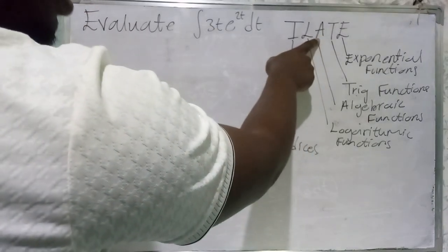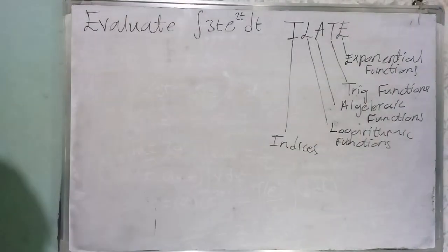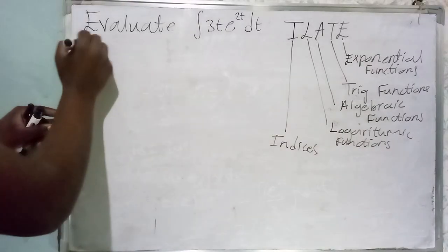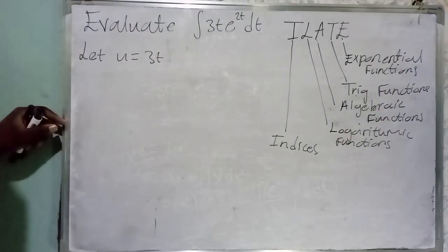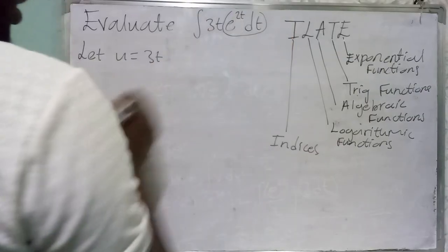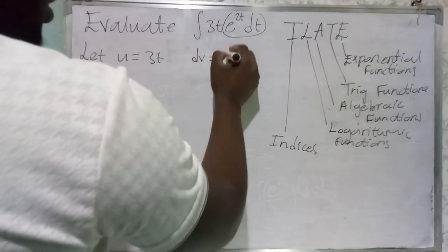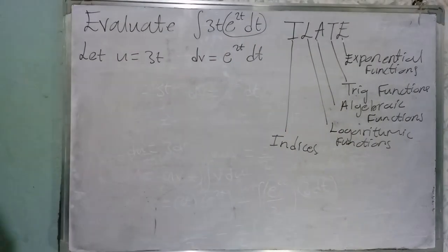Algebra comes first before exponential. The one which comes first, you let it be equal to u. So let u be equal to 3t. Then what remains is equal to dv, so dv equals e to the power 2t dt. So that's how we use the ILATE.